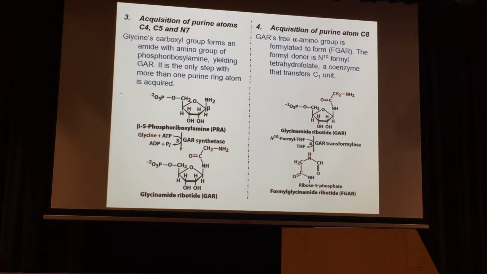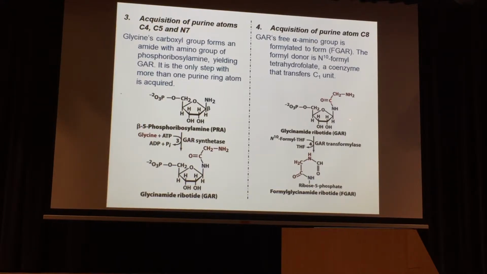And once we have the GAR, the glycinamide ribotide, in the next reaction we continue to build up this ring. Remember, we have to close up the 5-membered ring. In this case, we have a carbon group added now. We already have 1, 2, 3, 4 atoms in the 5-membered ring.